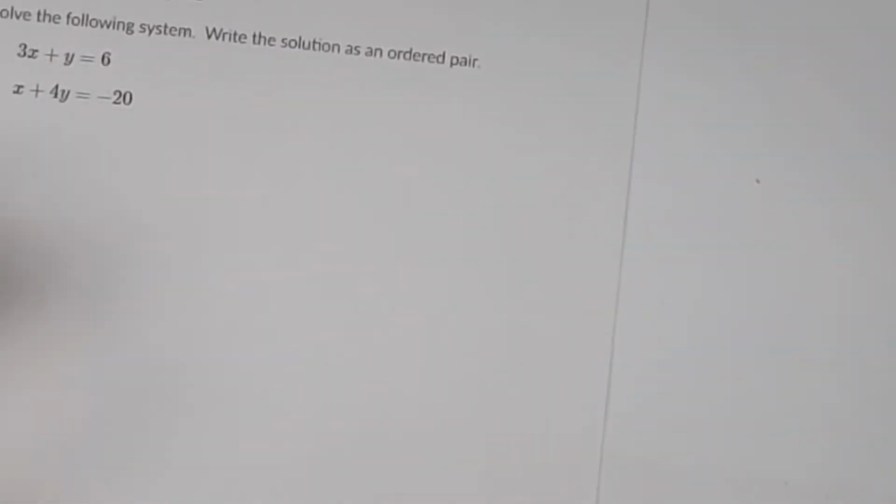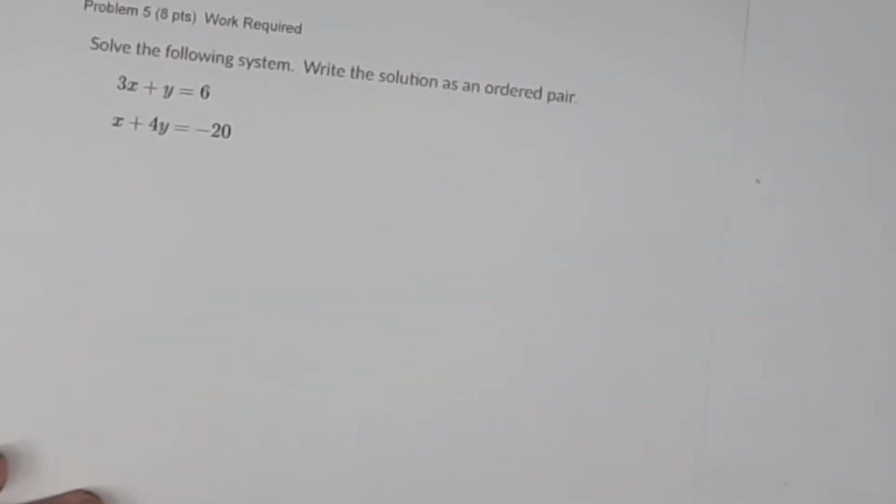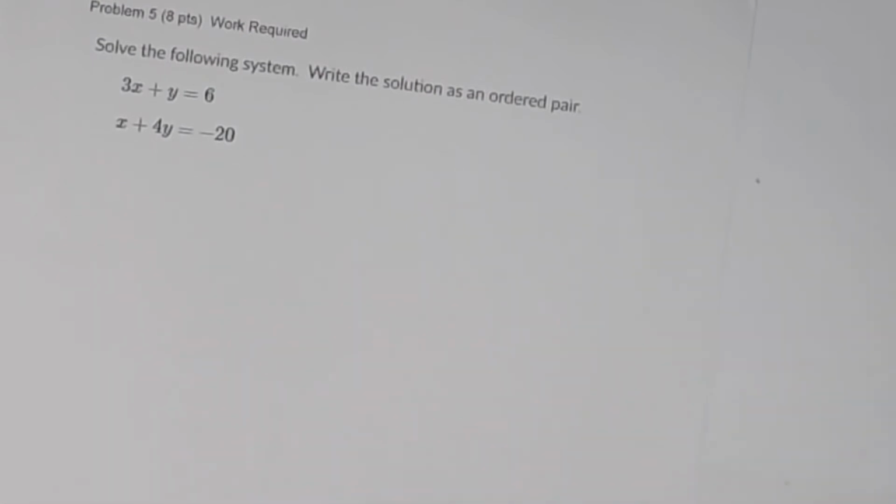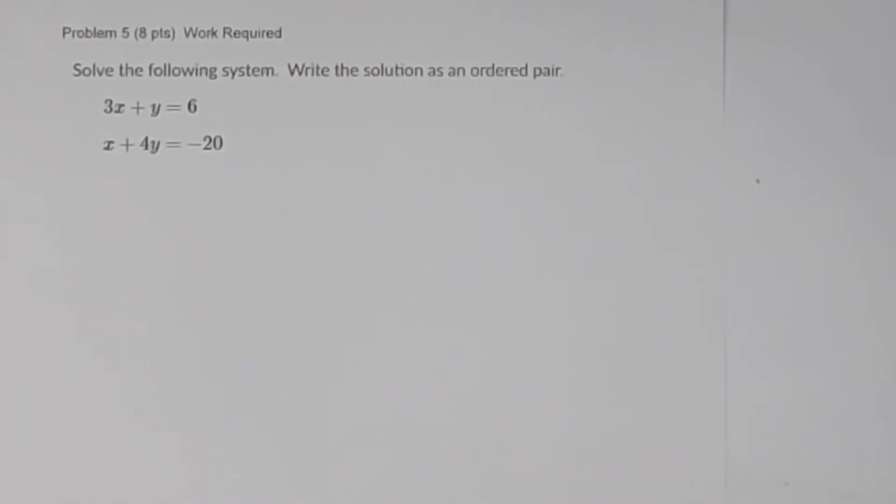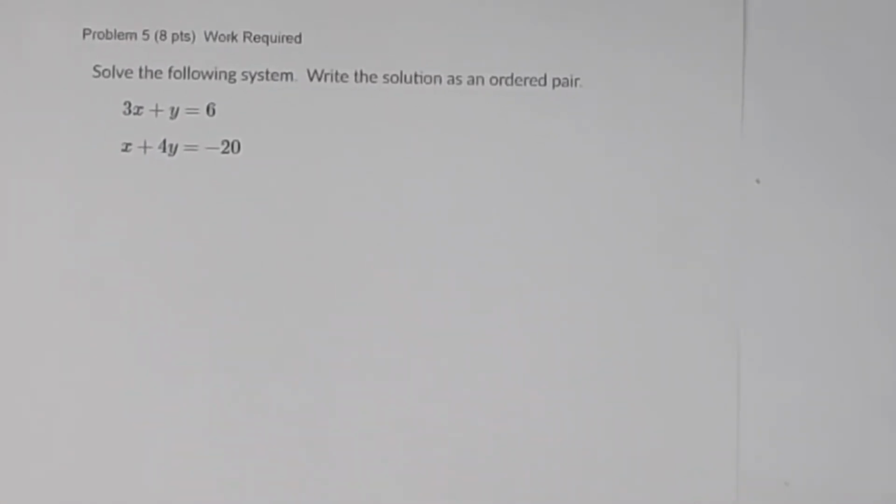In number 5, you want to solve this system, and it did not tell you what particular method to use. So you could have chosen any method for that one. So you could have used addition, elimination, or you could have used substitution.